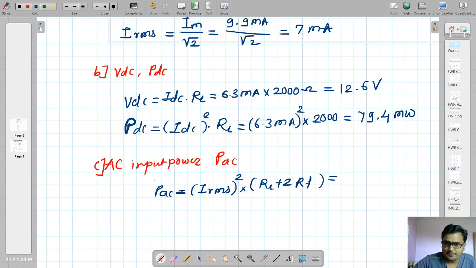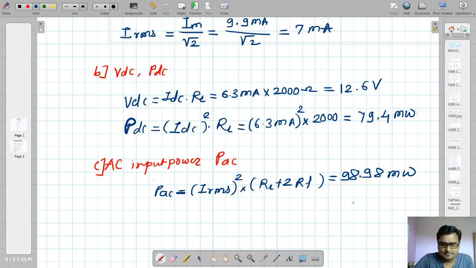So it will be 98.98 milliwatt. Just cross check your answer. 98.98 milliwatt. This is what we have calculated for A, B, C.